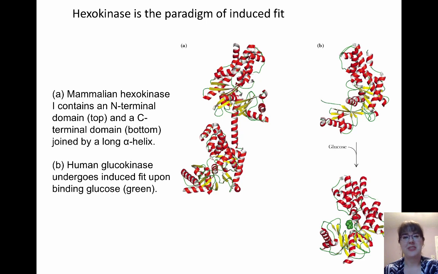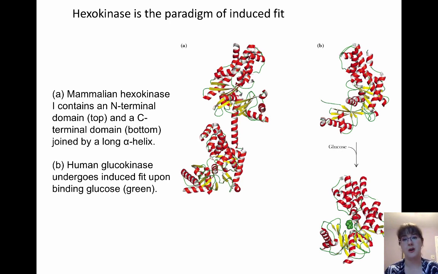Hexokinase is the enzyme that does this reaction, and what's really neat about it is that it's got a beautiful induced fit. When we look at this, the mammalian hexokinase has both an N-terminal and a C-terminal domain, and it's got a really cool induced fit mechanism. I realized that B is actually the glucokinase.